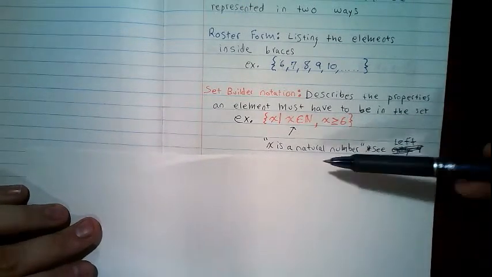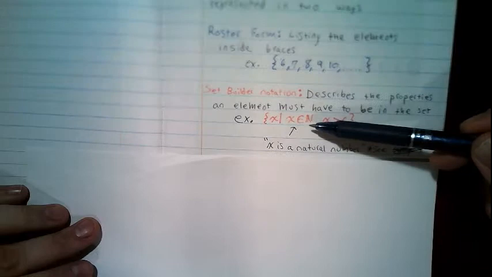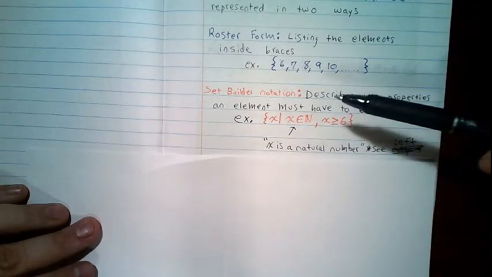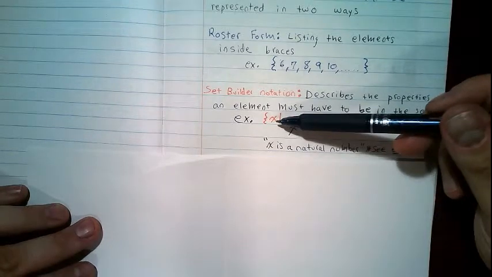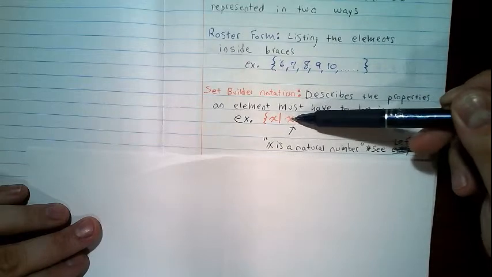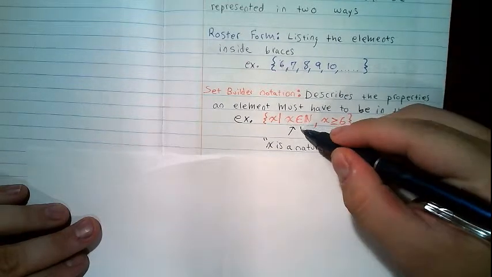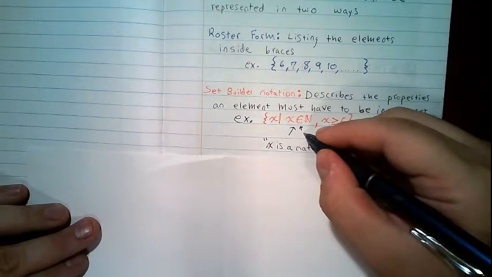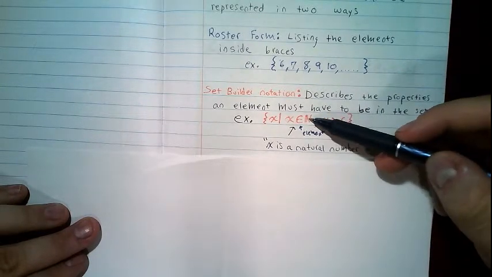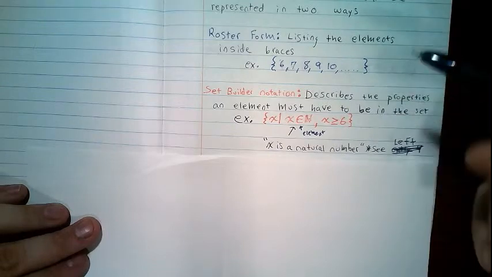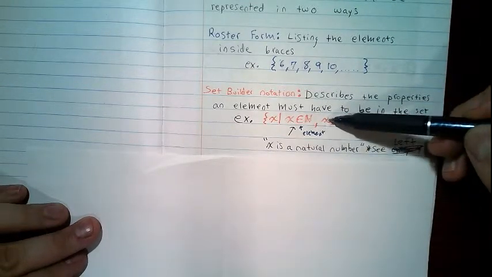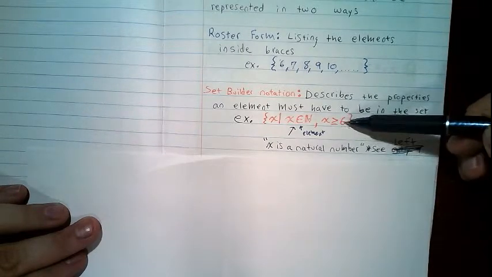So X is a natural number, and that's where this symbol comes into play. We can read this as values of X such that X is an element, that's what this kind of E means, element of the natural numbers. That means it's 1, 2, 3, 4, 5, right? But also that X is greater than or equal to 6.